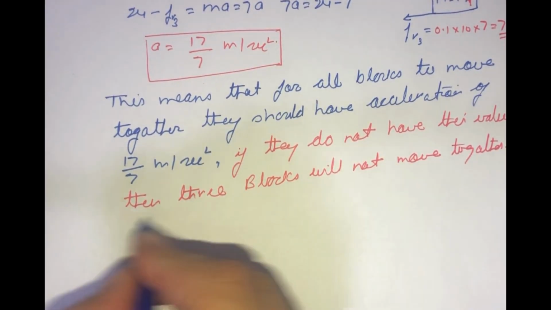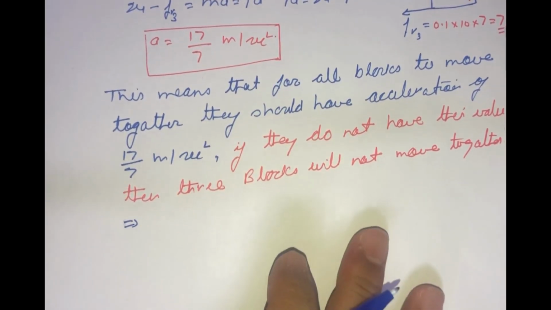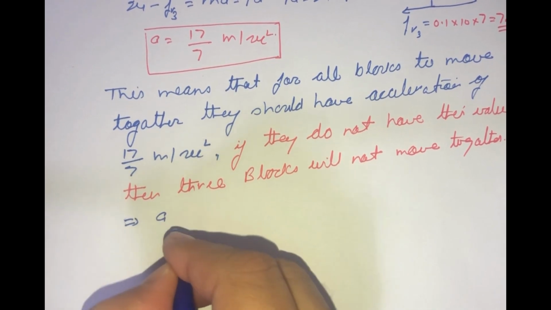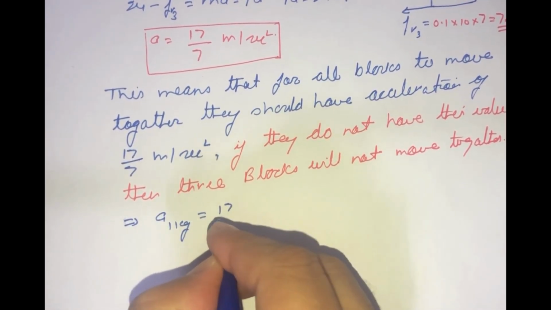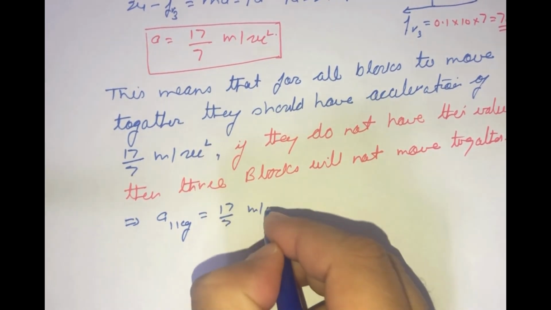So therefore we can say that acceleration of 1 kg block should be equal to 17/7 meter per second square.